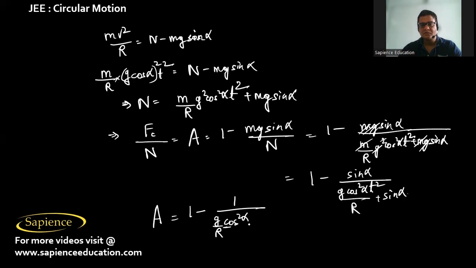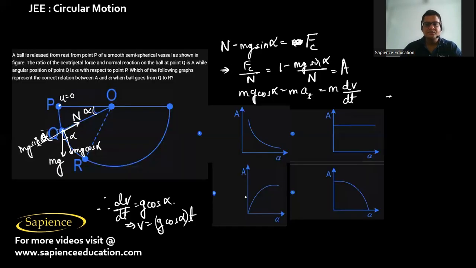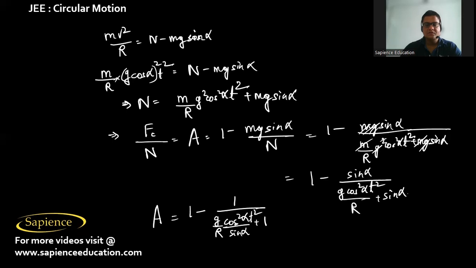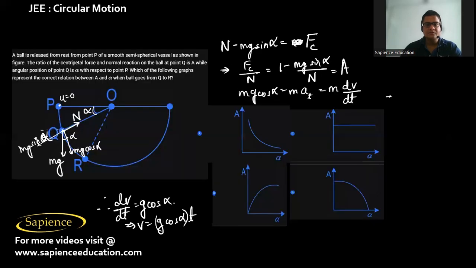This is cos square alpha by sine alpha plus 1 into t square. Okay. So here what will happen? Acceleration should be a function of alpha.